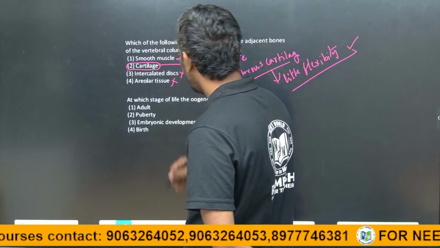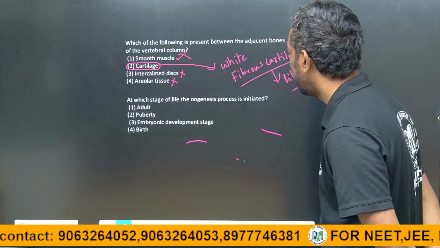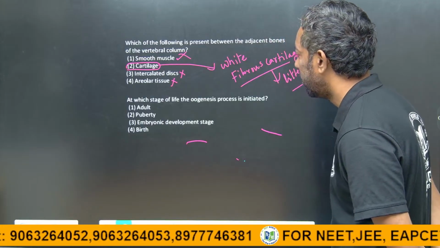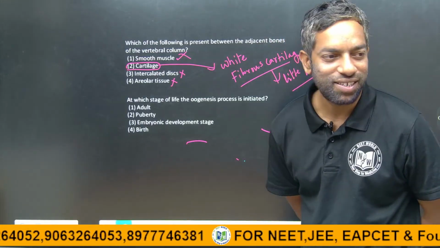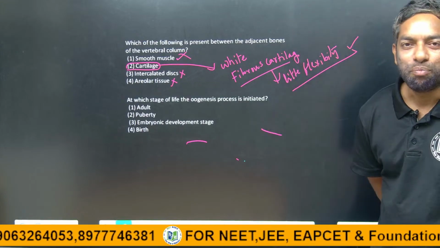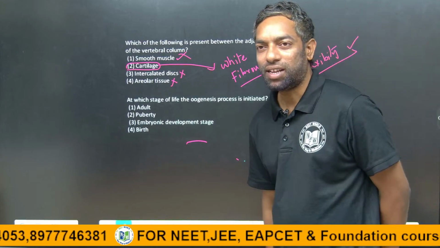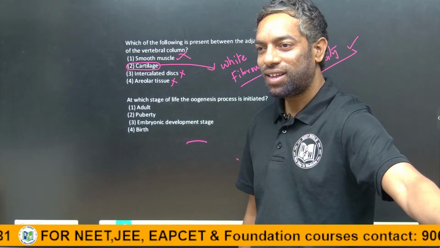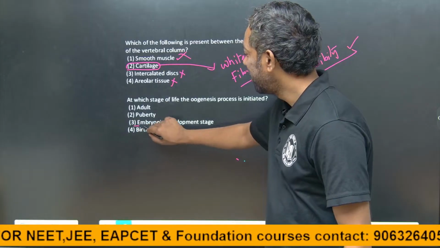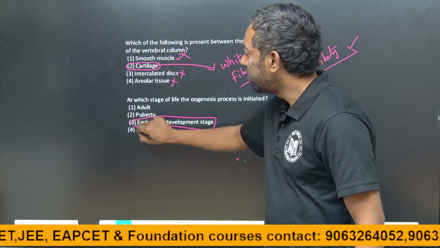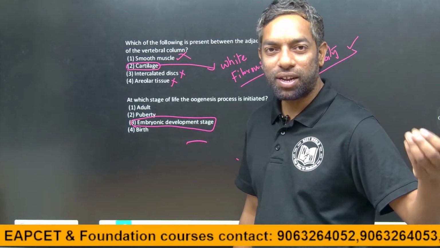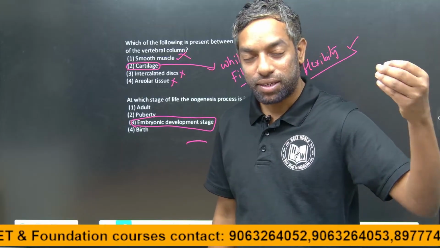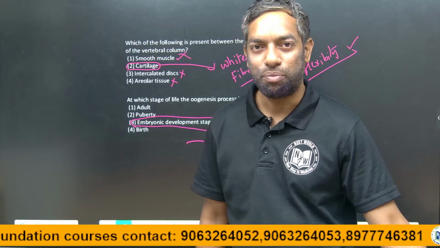Which stage of the oogenesis process is initiated? Oogenesis, in the male there are gametes which are produced after puberty. In the female, during embryonic development, the follicle, Graafian follicle, develops where the stem cells start in the embryo.